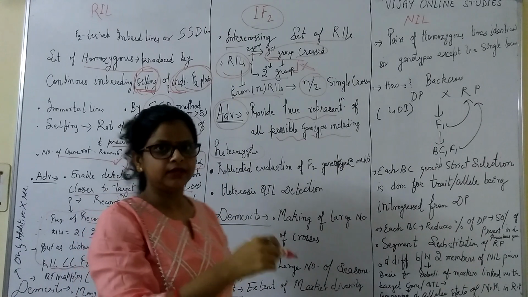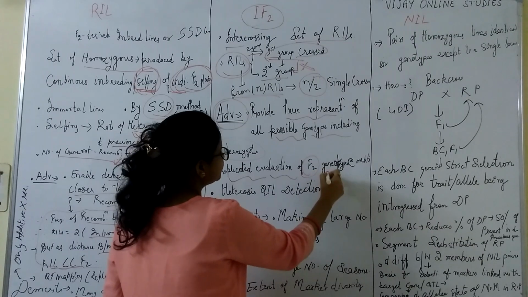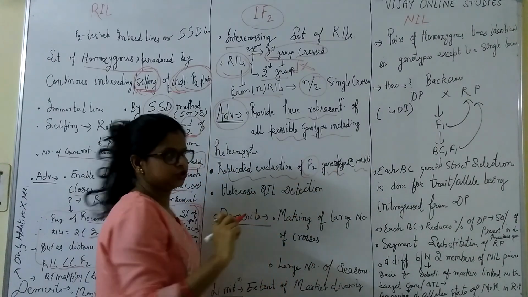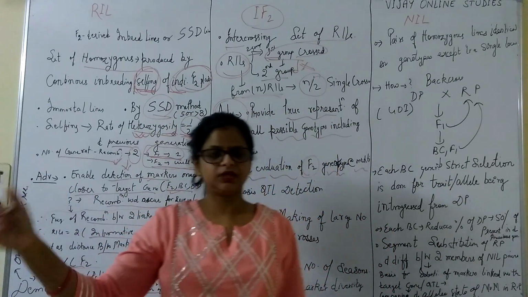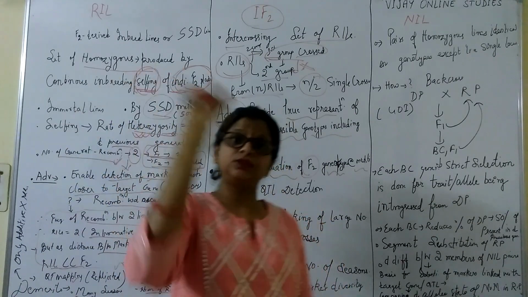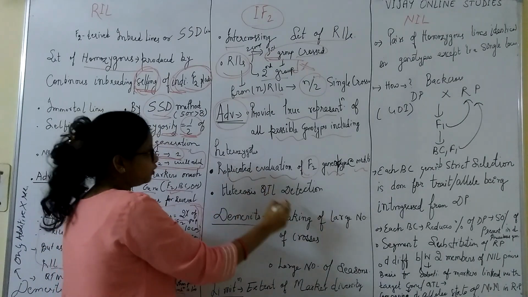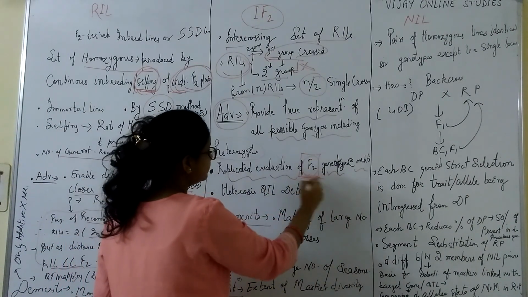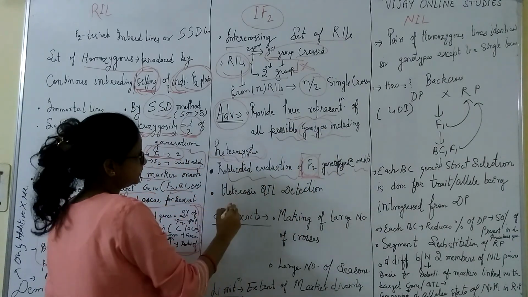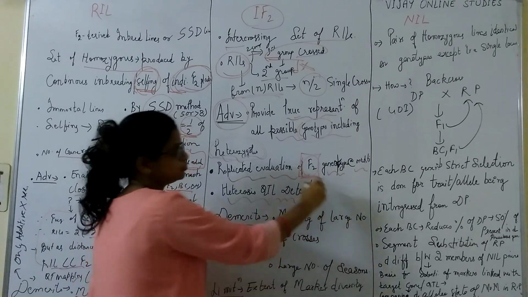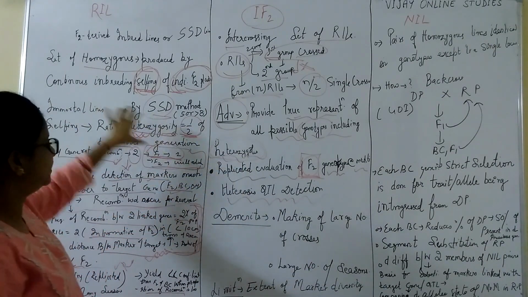Since it is a homozygous line, it also permits replicated evaluation of F2 genotypes at multiple locations. In an F2 mapping population we cannot go for replicated evaluation at multiple locations, but we can obtain this through the immortalized F2 mapping population. And because of the representation of all possible genotypes, including heterozygotes, you can also detect heterosis QTL, which is an advantage over RILs.